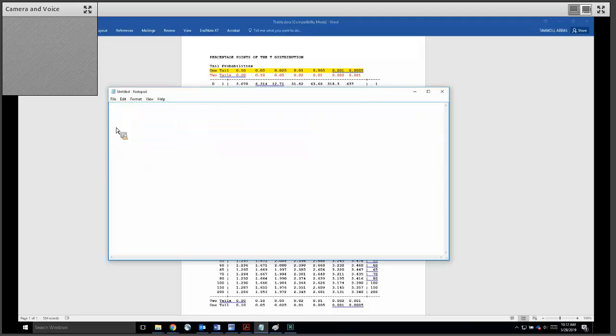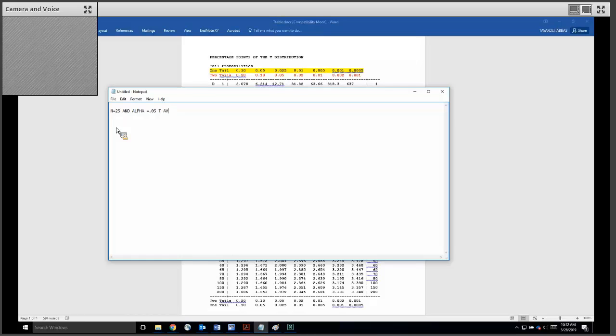Let's say we have a sample size n of 25, and our alpha is 0.05. We want to find the t value from the table.